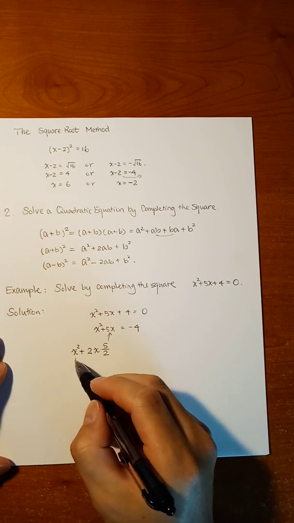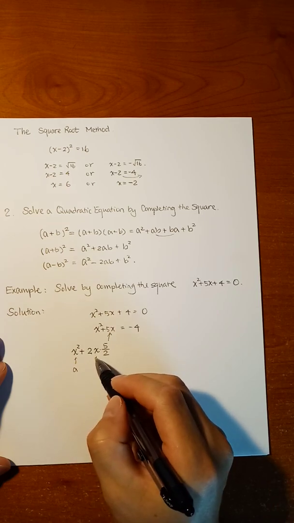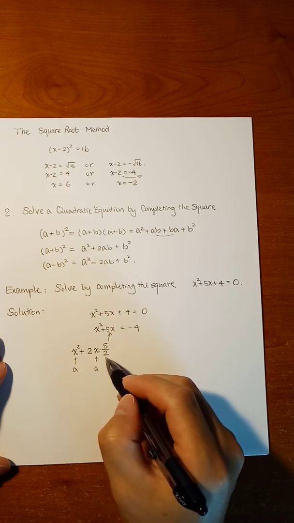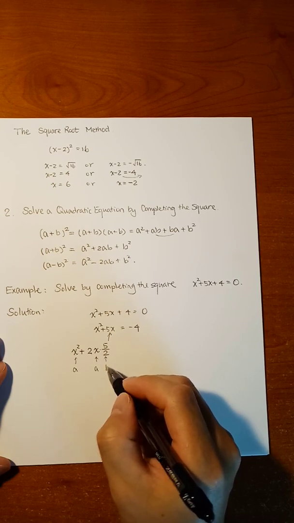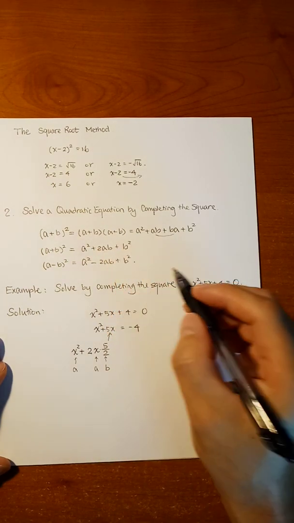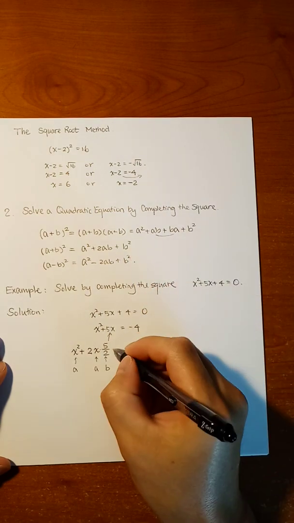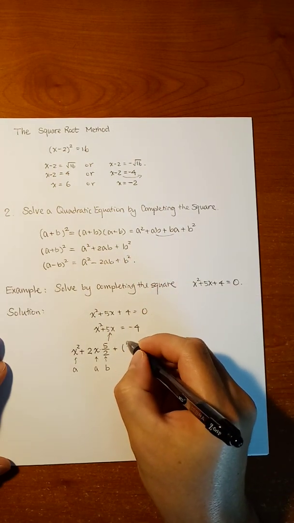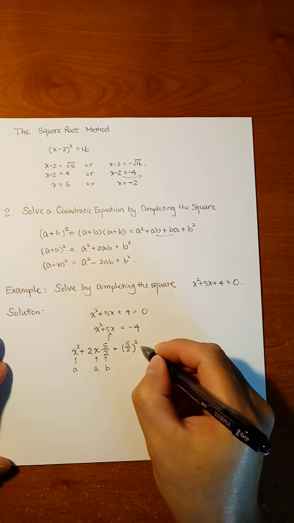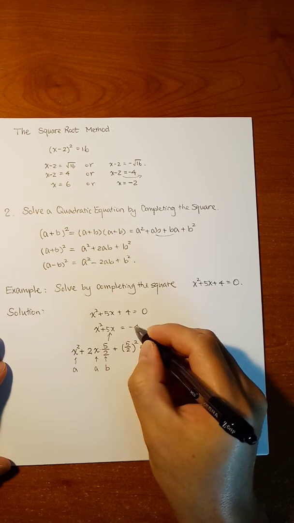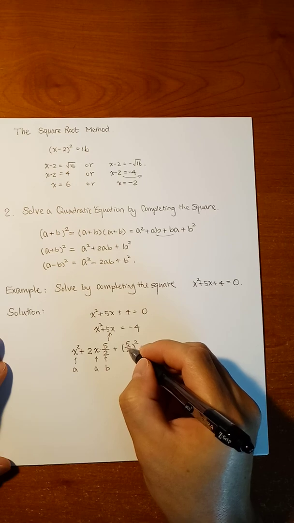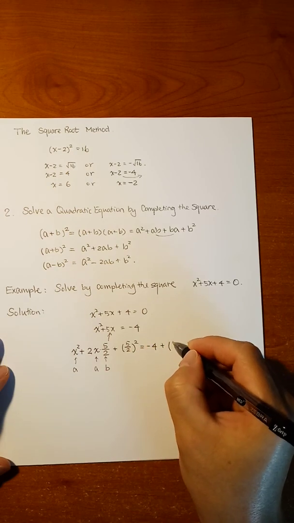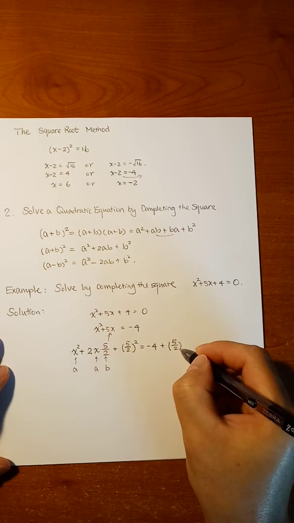And then you see this is a, this is a, this is number 2. Then this 5 halves must be b, 2ab. Then you need b squared. So I'm going to add b squared. The right hand side is negative 4. You add b squared on the left hand side, you will also add b squared on the right hand side to balance it.